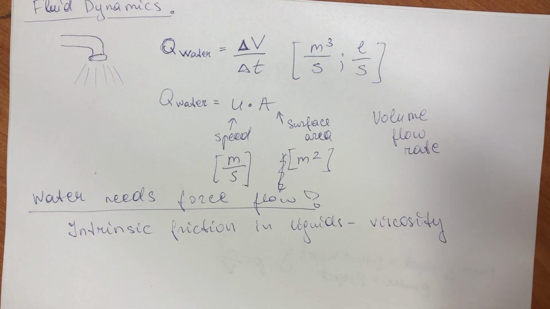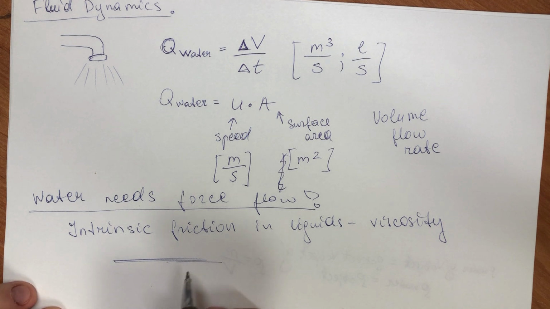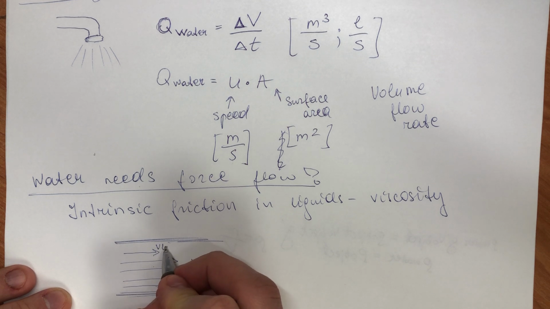And when liquid flows, let's say we have a pipe here, the liquid flows in layers. It's visualized like streamlines. The middle layer flows with the highest speed, V max. These two layers of liquid flow at lower speed.